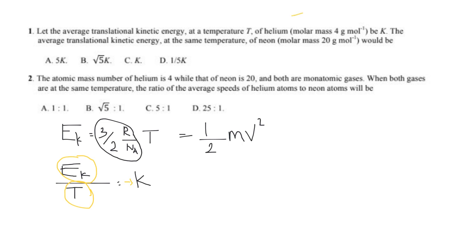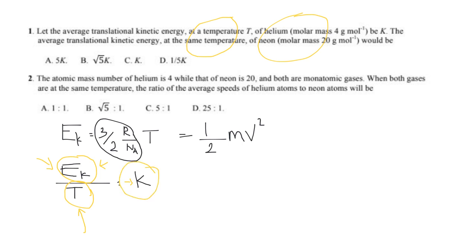Now, if we change the mass, we're changing the kinetic energy. But that's beside the point, because what they're telling you in this question is that the temperature is the same. So if I do something now to change the temperature of a gas, the kinetic energy has to change accordingly in order to keep this constant the same.